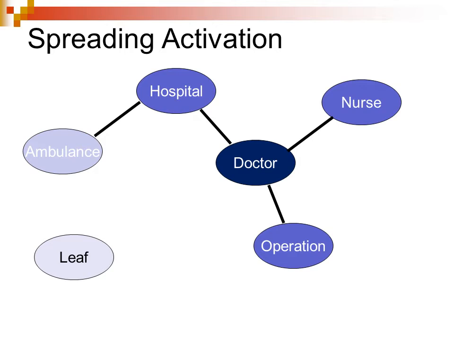Activation would continue to spread out to words like ambulance, and so you might have thought of words that were somewhat distantly connected to doctor for that reason. However, nodes that are far from doctor in your network, like leaf, don't receive any activation because they are so far away, and that's why you wouldn't think of words like leaf when I gave you the word doctor.